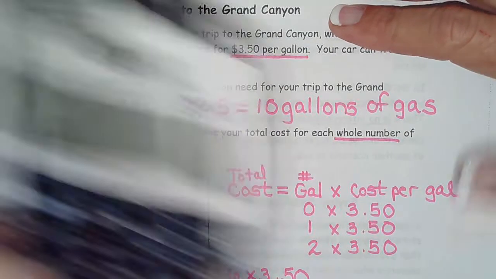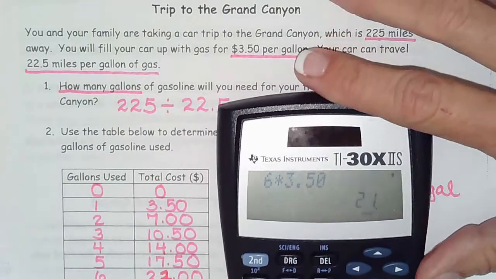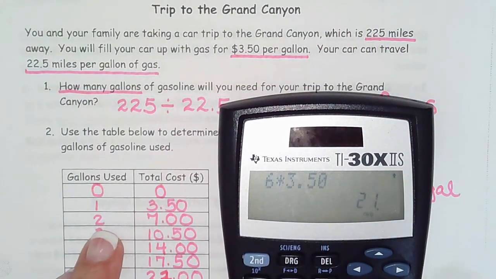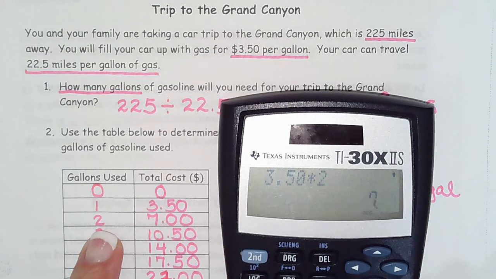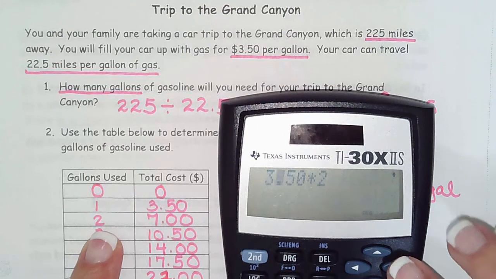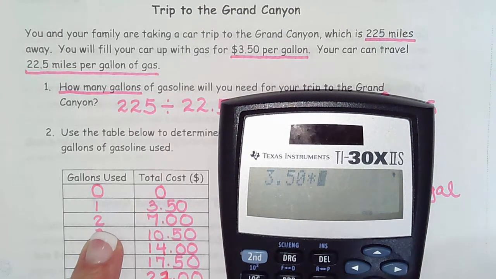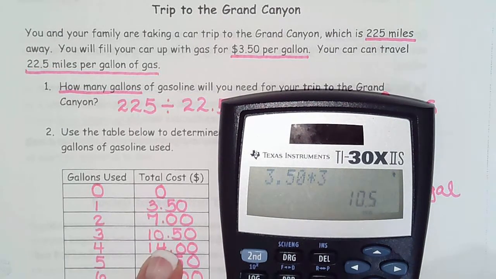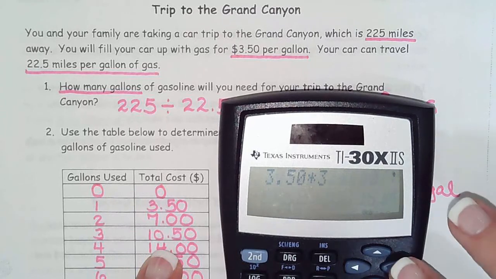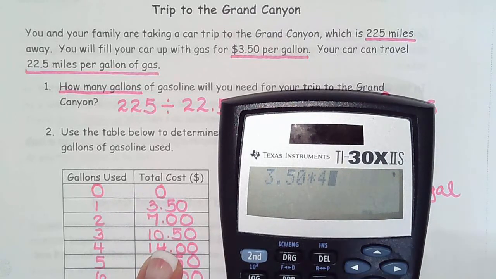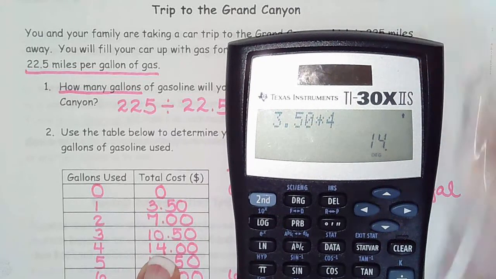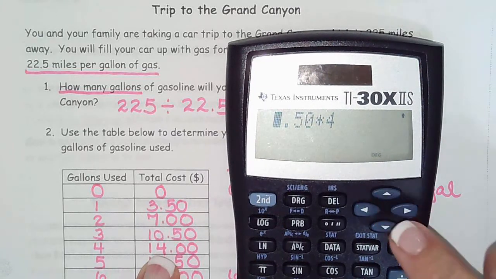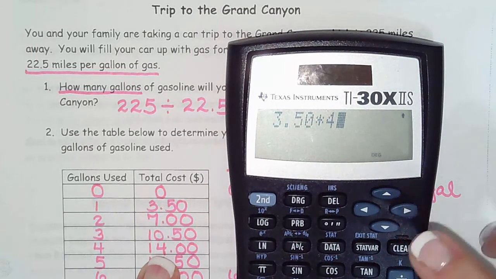So I'm just going to check real fast and make sure all my calculations are correct. 3.50 times 2, yep, that's 7. Then I'm going to hit the up arrow, make that 3. Yep, that's 10.50. Hit the up arrow, make that 4. 14, yep. And hit the up arrow, key over and make that 5.